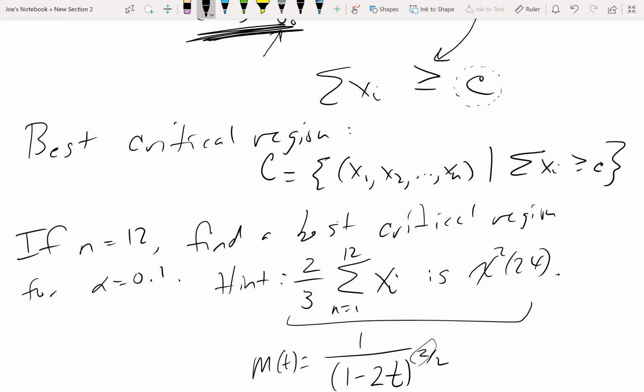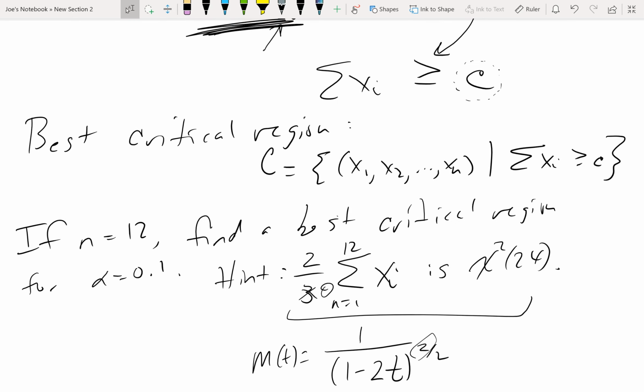You can use a similar trick for exponentials with different theta. Yeah, absolutely. The hint they give you in the book actually says 2 over theta. You can do the exact same trick, and it's not hard to see why it's true. If you let y equal 2 over theta times x and find the PDF for y, it comes out to be exactly what you want it to be, one half e to the minus y over 2.